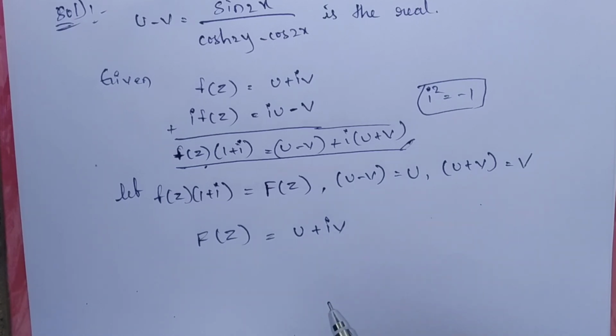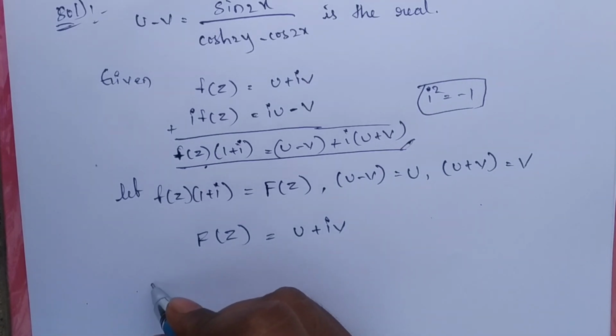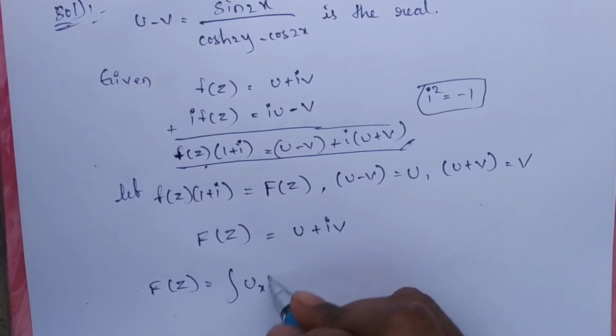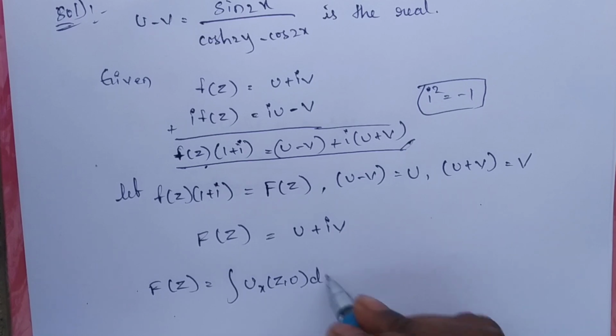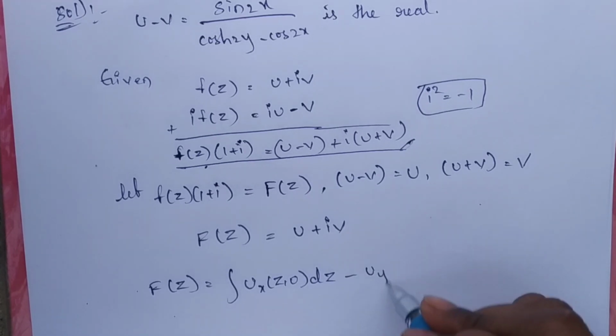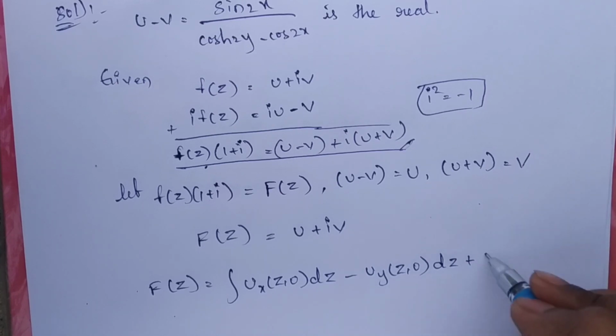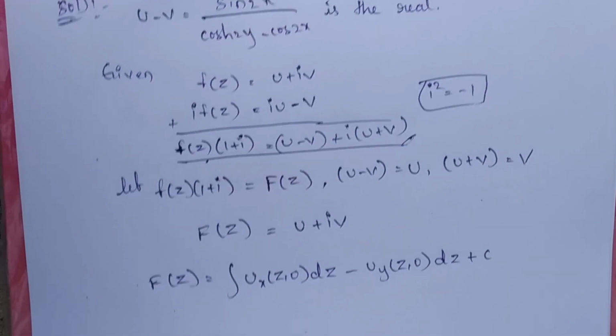As we know, to construct an analytic function when the real part is given, the formula required is f of z equals integral of ux at z comma 0 dz minus i times integral of uy at z comma 0 dz plus c, right?